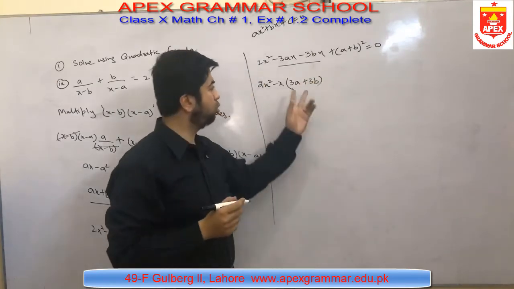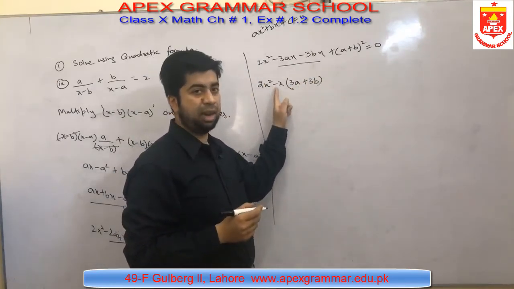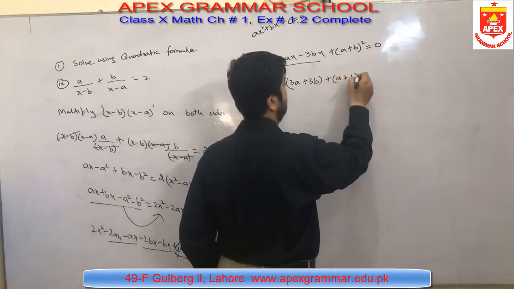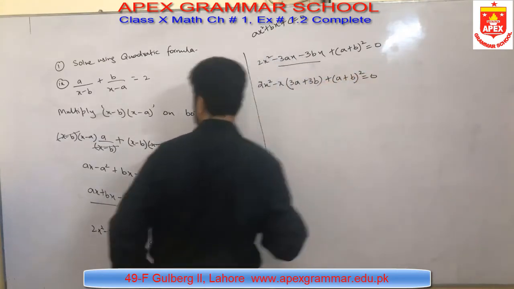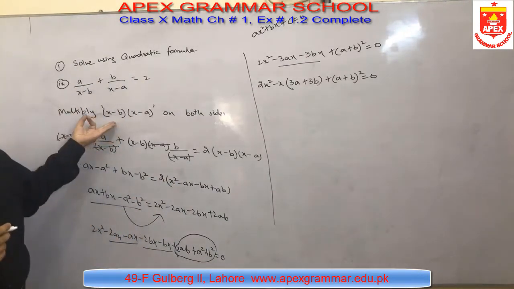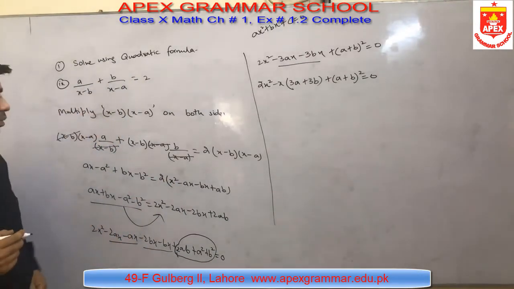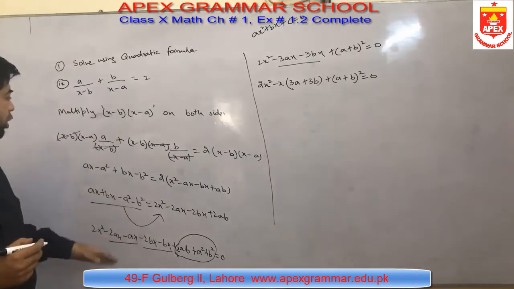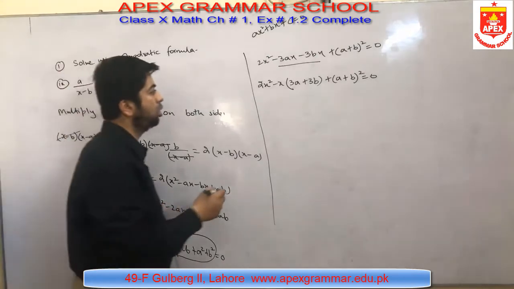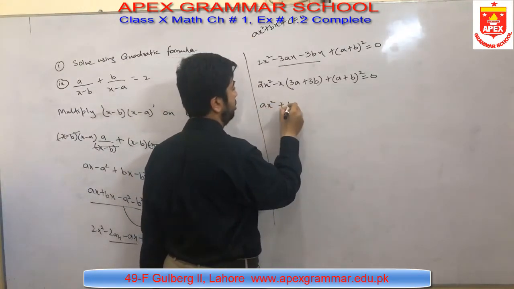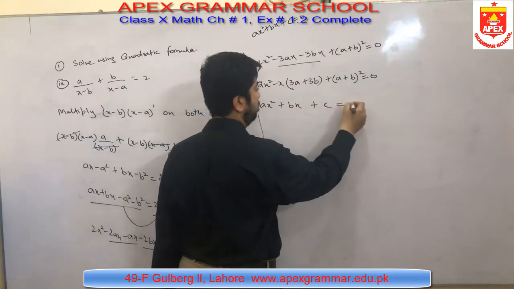Both signs change just because of taking minus x common, and after that plus a plus b whole square is equal to 0. From this situation, x minus a into x minus b, after multiplying, we are here, and now compare it with this ax square plus bx plus c is equal to 0.